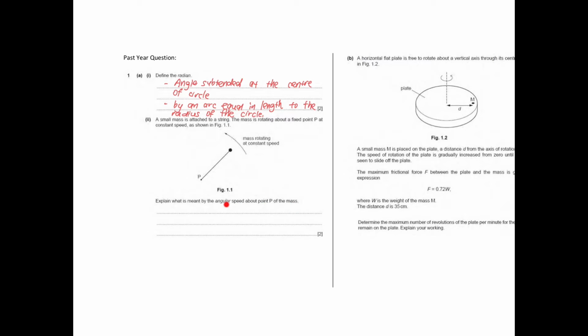Angular speed. You know, in the notes they talk about angular velocity, where angular velocity is theta over t. Then angular speed is actually the similar idea. You just need to put everything in scalar quantity only.